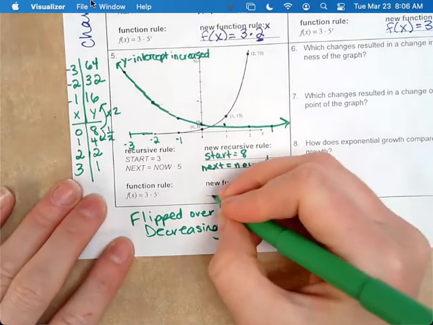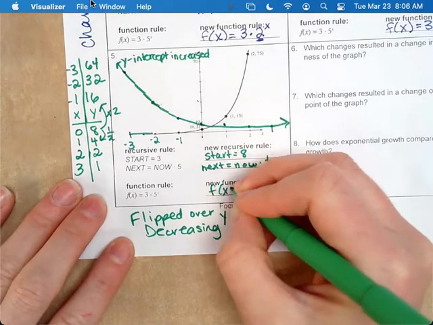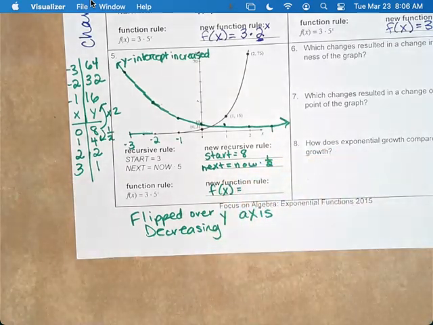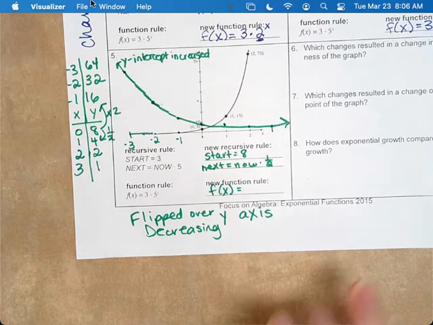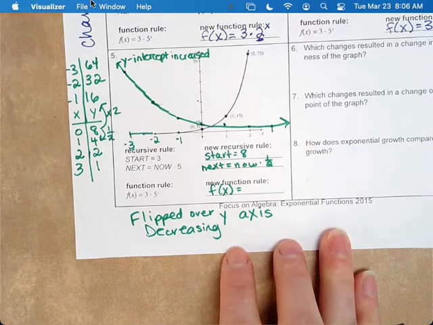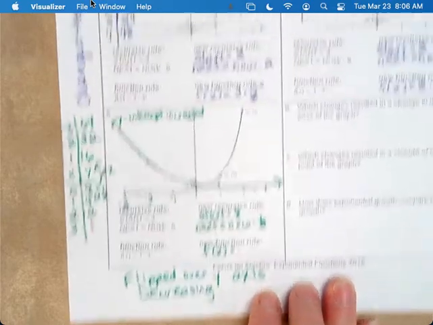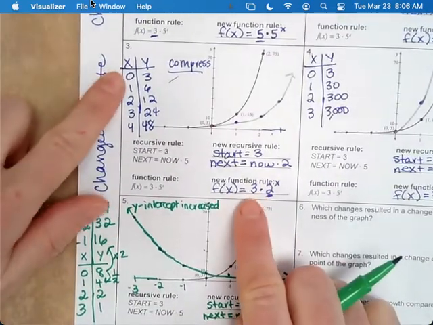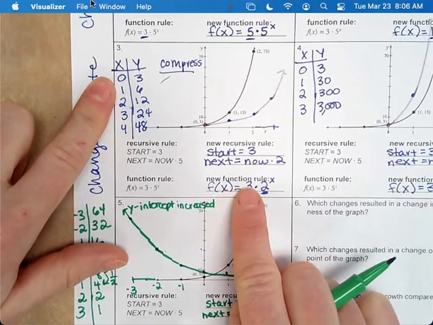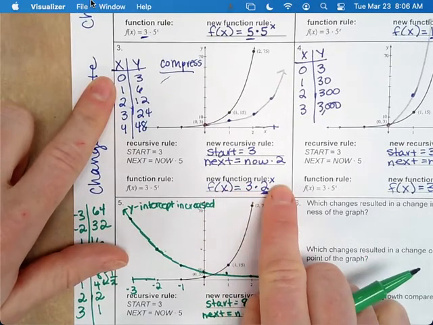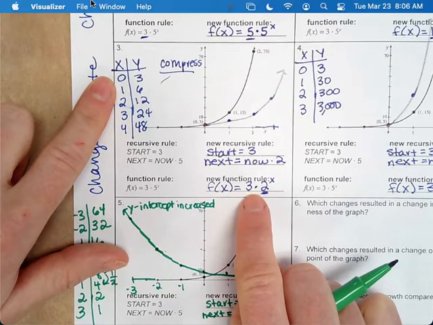So we need to write our new function. Do y'all remember how we write our function rules? Look back at, let's say, number 3. This was 3 times 2 to the x. So where did 3 come from? The first number, where does that come from?